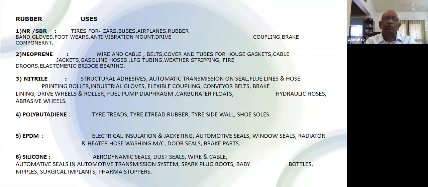All the brake seals we are making today are from EPDM, required for all automotive cars. Window seals, radiator hoses, what you see in your car, heater hoses, even washing machine door seals, brake parts. EPDM, if properly formulated, can go up to 120 or 150 degrees for intermittent temperature. Next is silicone rubber.